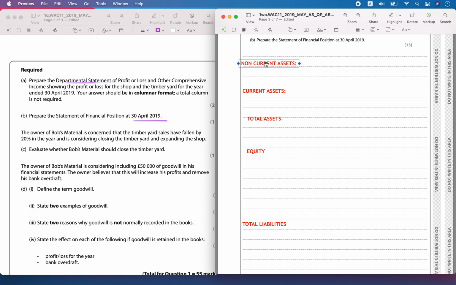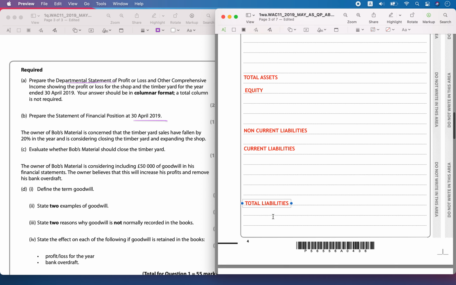Non-current assets plus current assets give you the total assets. Then you will have the equity section. Then the liabilities: you have non-current liabilities and then current liabilities, and then you calculate the total liabilities at the end.